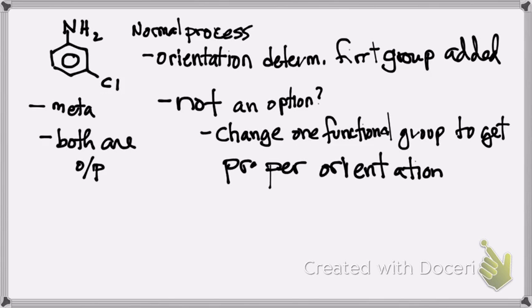So that means you're going to change one of the functional groups from a meta director. You're really not changing it to in this case, but I'll still say it. This is in your analysis.